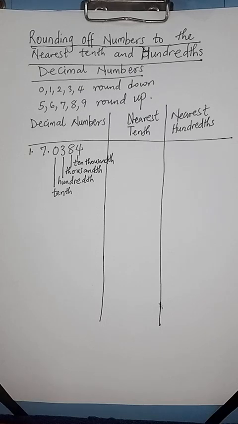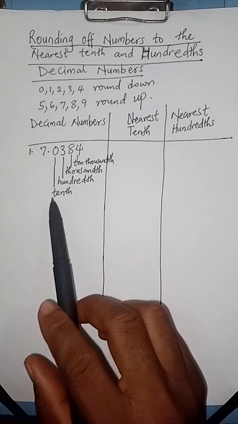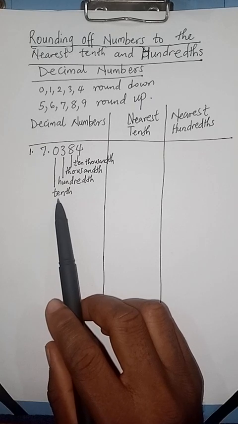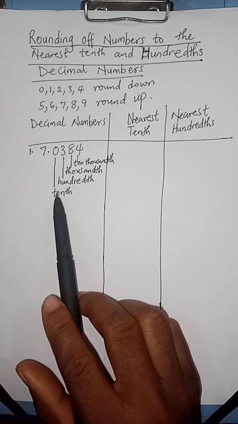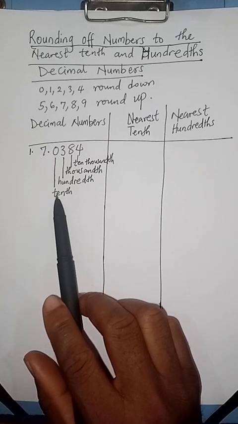So the question says, round this number to the nearest tenth. What will be the answer to this question? Now, since this is my tenth, I'm going to write just this digit after the decimal point. But remember the rule, whether to round up or to round down.